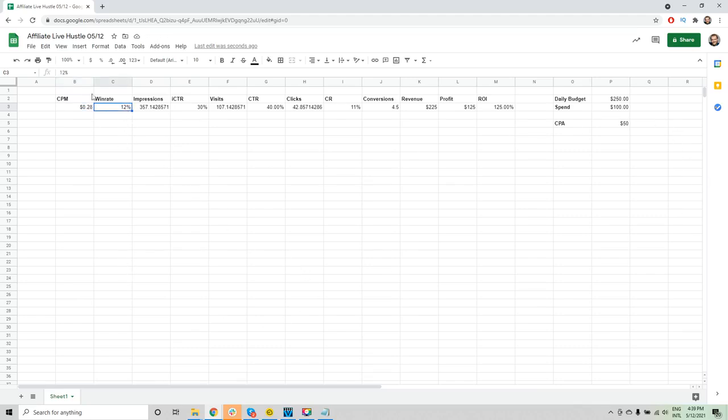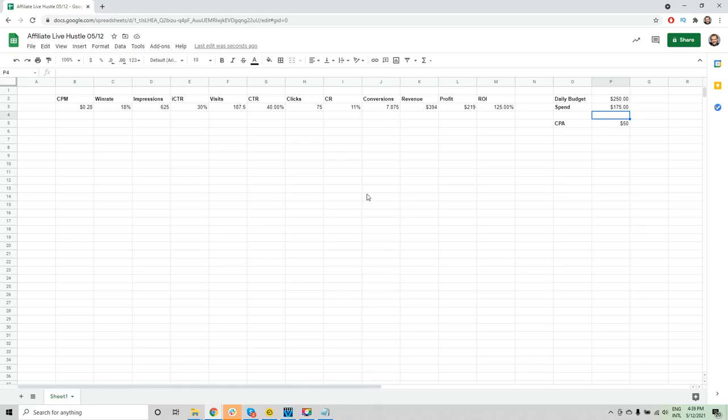Since we are now winning more traffic, this will probably go up towards 18% or something like that. And because we're winning more of those bids and we have a higher bid, this spend will go up. So let's say it goes up to 175. We're happy because we're closer to our daily budget, but it's still not spending our complete daily budget.